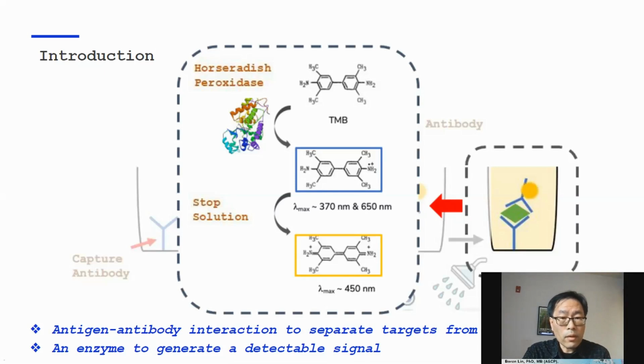We will present several ELISAs with different formats or different targets, but the method for signal development was the same. It was carried out by using horseradish peroxidase as the enzyme and TMB as the substrate. It generates a blue color and then turns yellow after stop solution is added. The absorbance is measured at 450 nanometer wavelength.